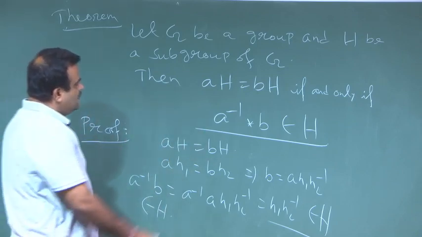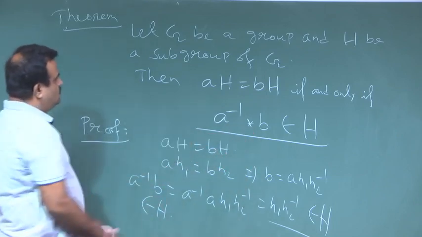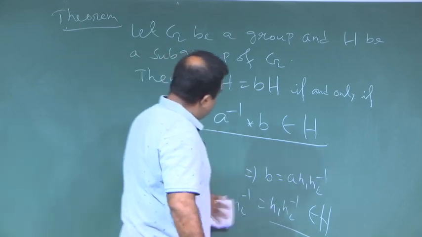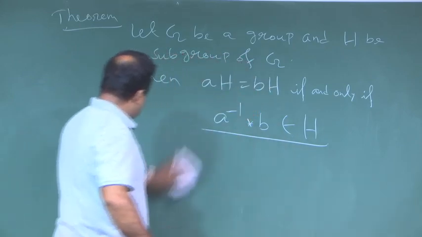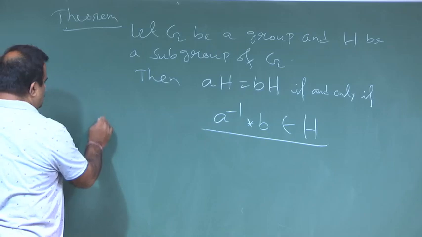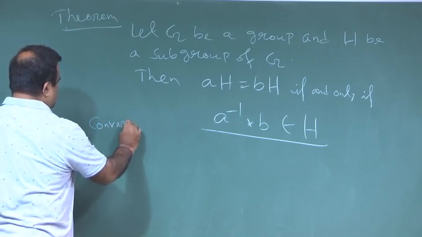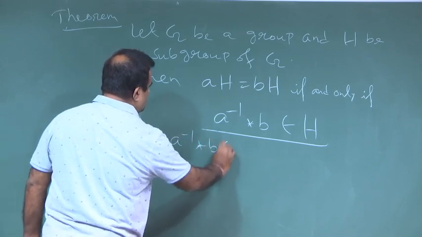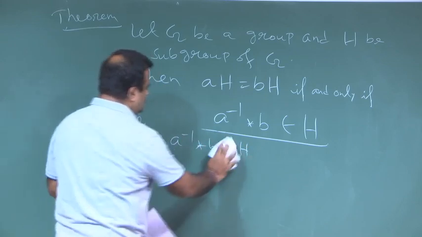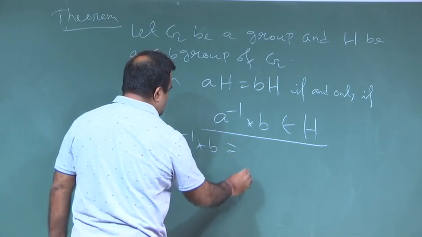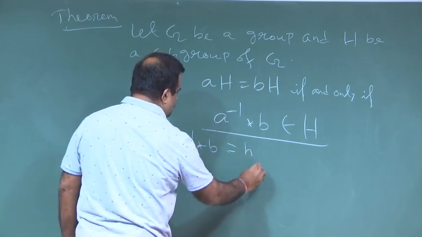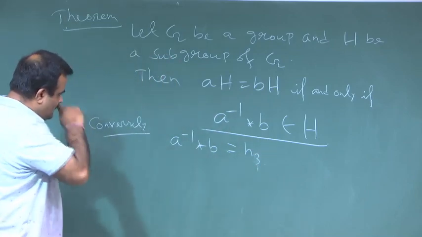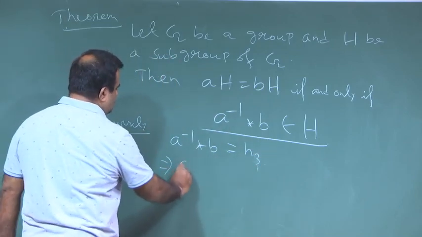Now, conversely, if this is true, then we have to show these two are the same. So, how to show that? Now, suppose conversely, suppose A inverse B belongs to H. So, that means this will be some H1, say, we have used H1, H2, and it may be H3. So, then we need to show AH equal to BH.